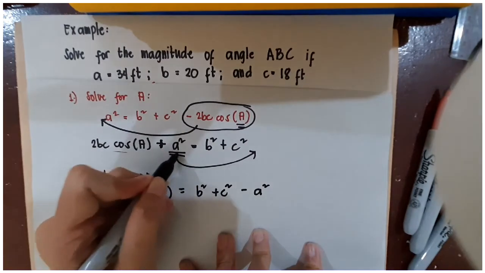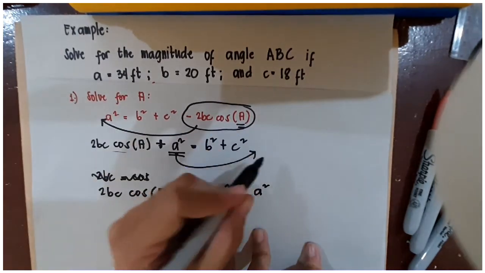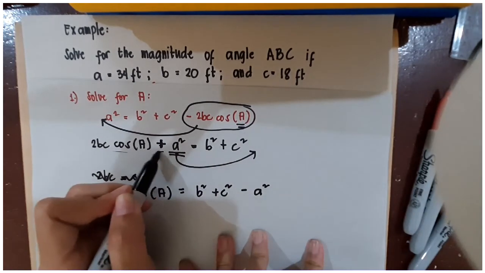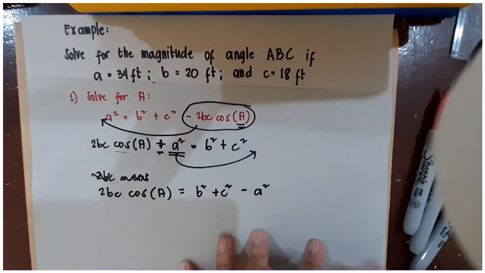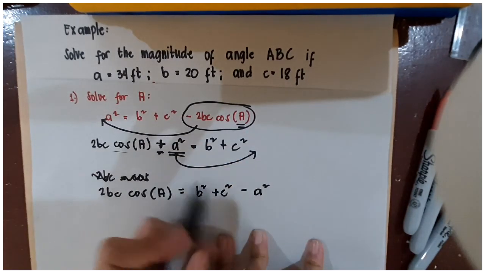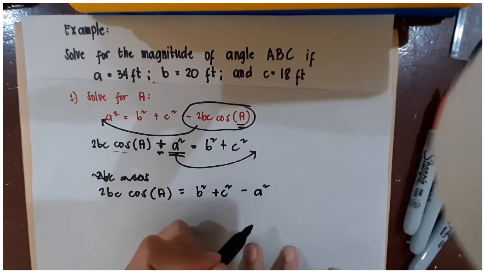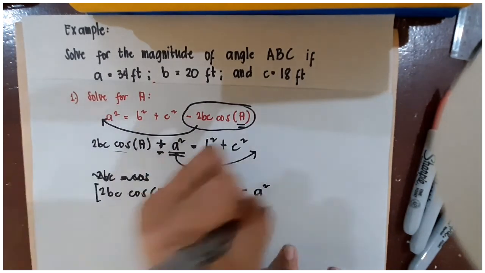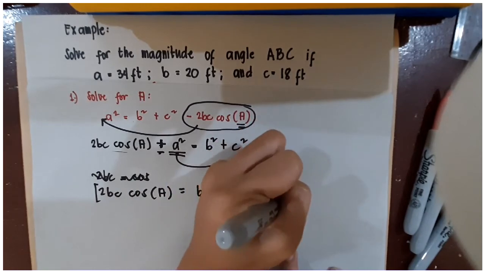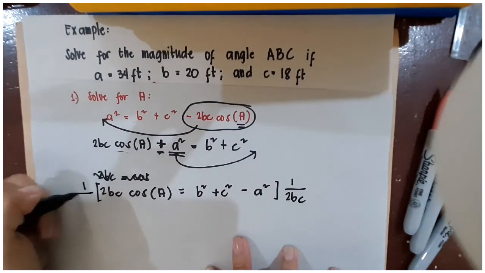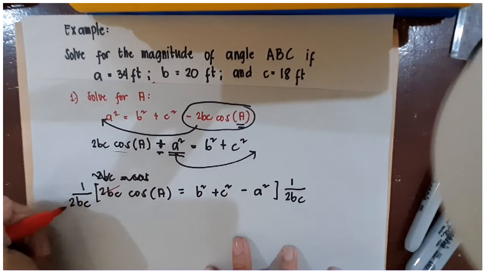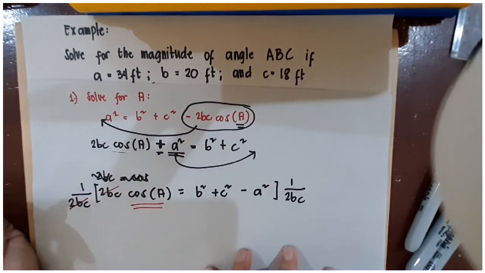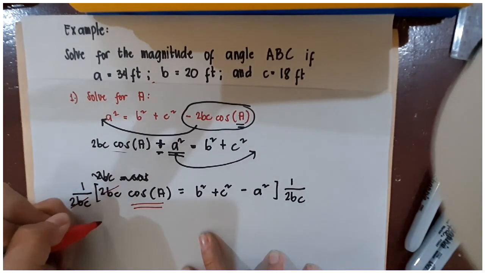A squared becomes negative when you move it to this side, because it has a positive sign on the other side. Now, we divide both sides by 2BC. Why? This is for us to cancel out 2BC here, because only the angle should be left.